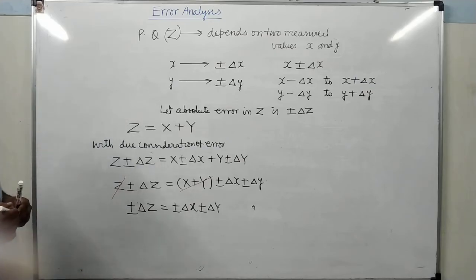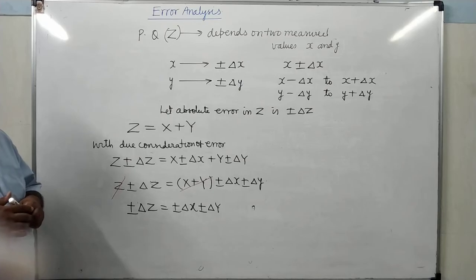What will be the maximum permissible absolute error? It's clear?